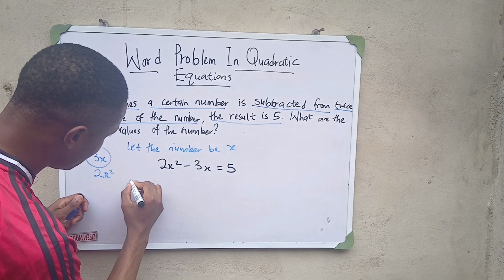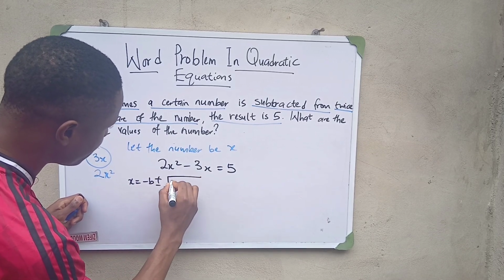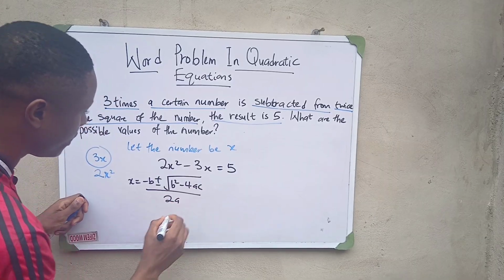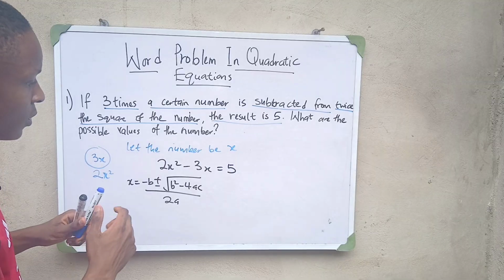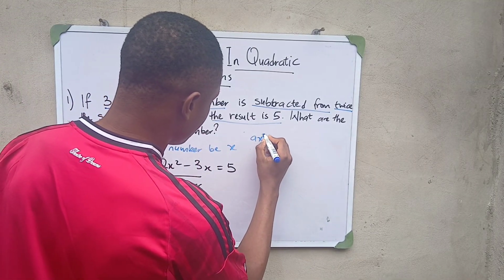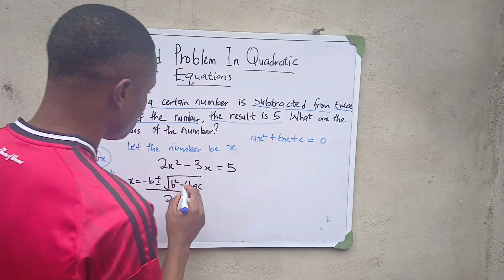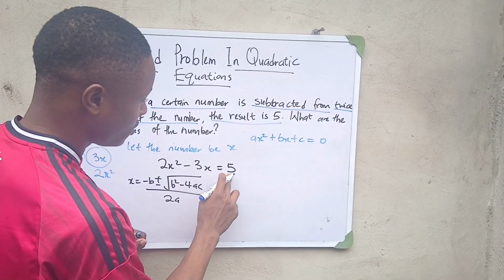So we have the formula: x is equal to minus b plus or minus the square root of b square minus 4ac, all over 2a. Now we have ax square plus bx plus c is equal to 0. And here we have 2x squared minus 3x is equal to 5.